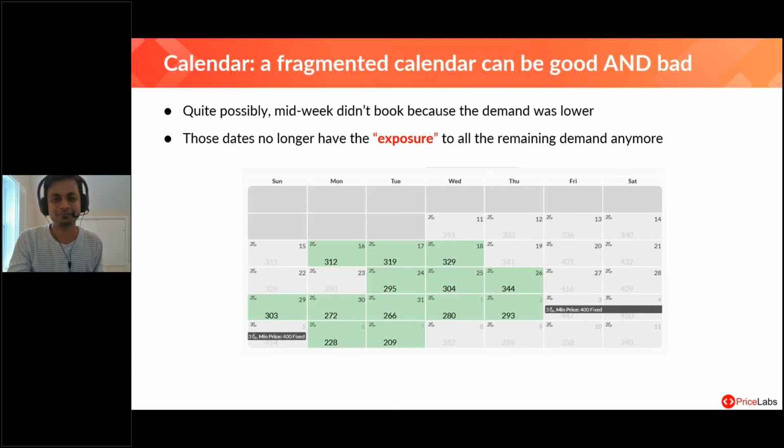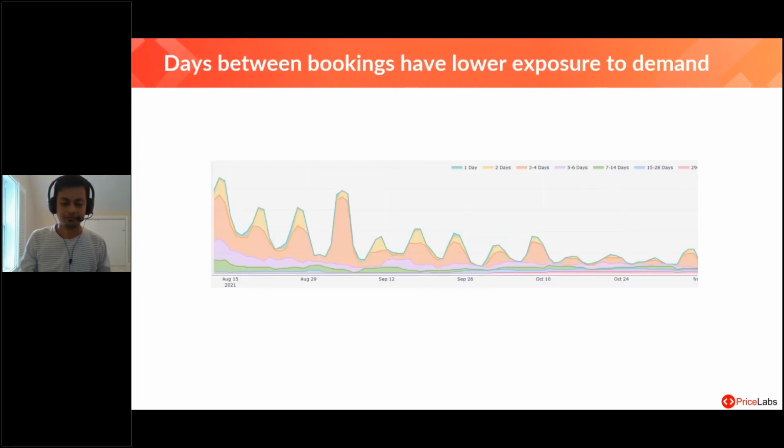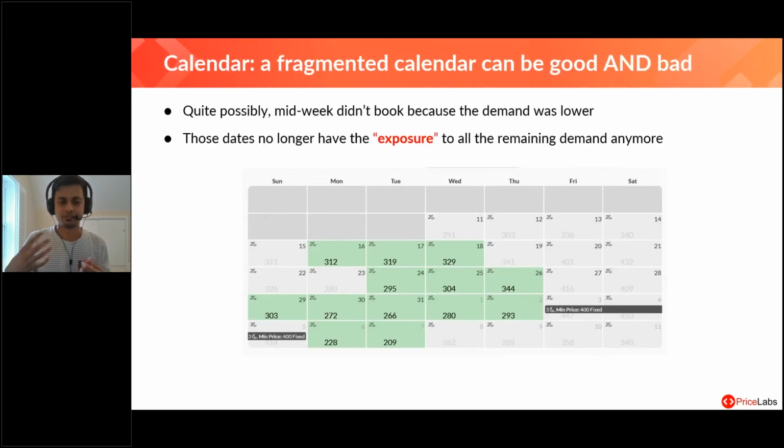Now, talking about fragmented calendars, one of the things that's very useful to look at is market data. One of the things we have seen when you're looking at your own data, a lot of times in terms of length of stay trends or any other kinds of trends, is that your data is in some ways censored data.